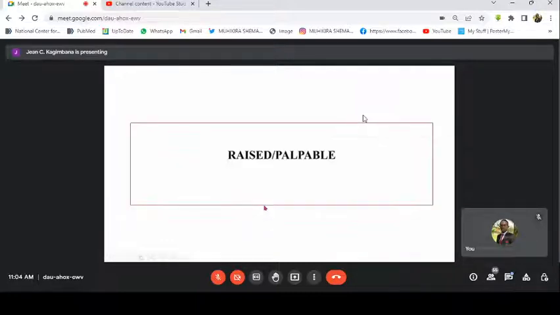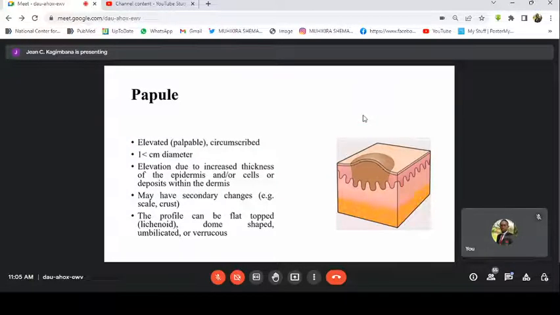Non-palpable. Now, second, raised or palpable lesions. Of course, they are elevated. It's a papule. Again, the epidermis is concerned, but the dermis is not.